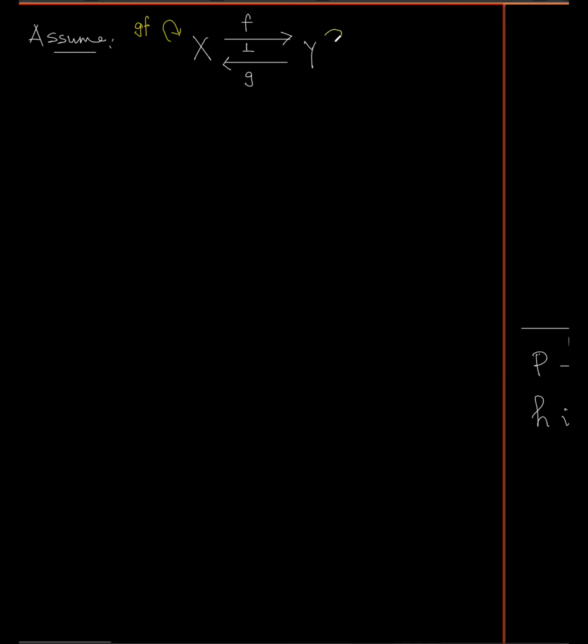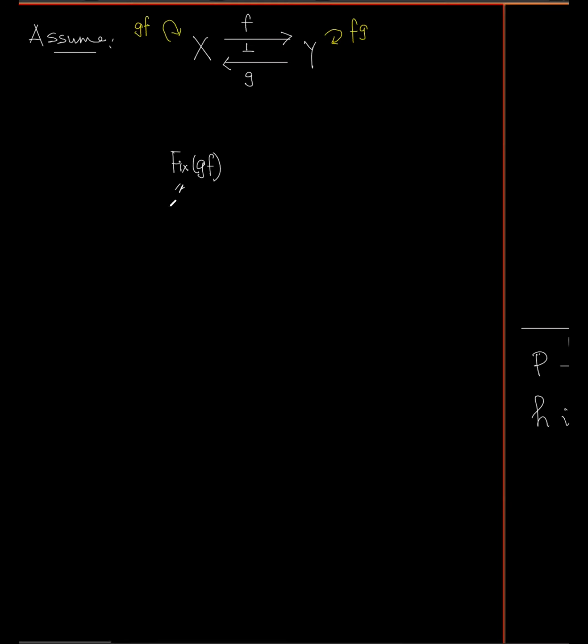Similarly, you have another endomap over here, FG. So the moment we have an endomap, we can look into its fixed points. So we look into the fixed points of GF. What are they?